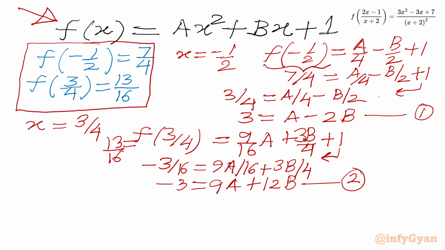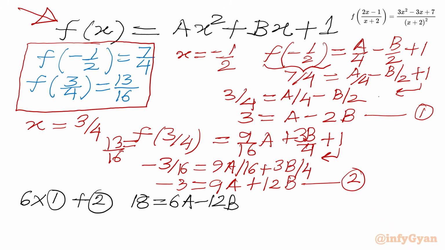Now we are going to perform an operation. We'll add the second equation by multiplying equation 1 by 6. So 6 times equation 1, 18 equal to 6a minus 12b.